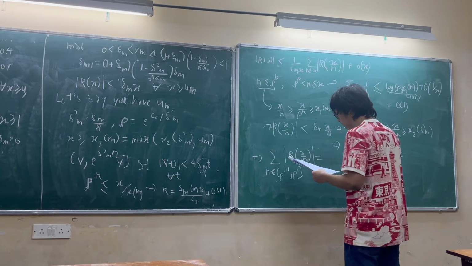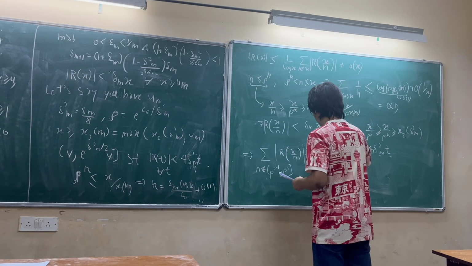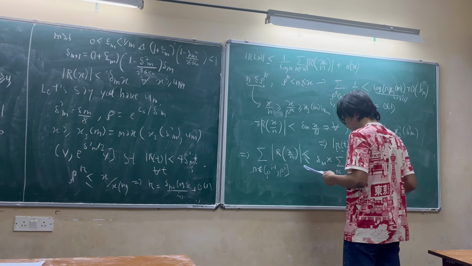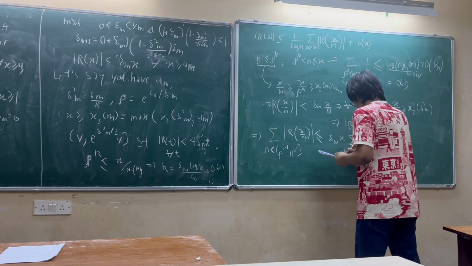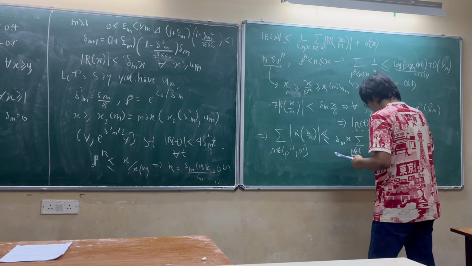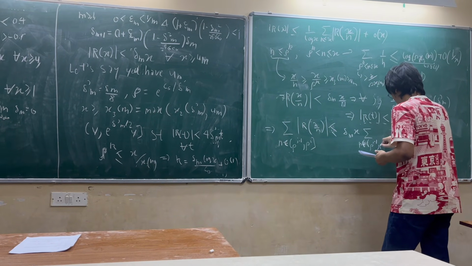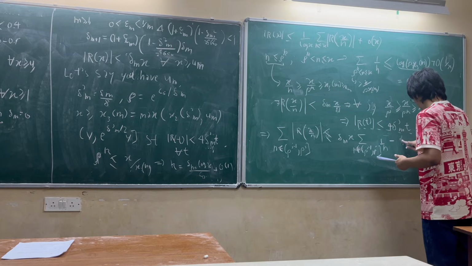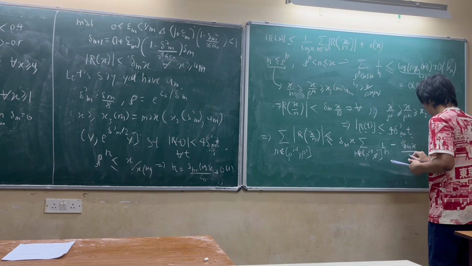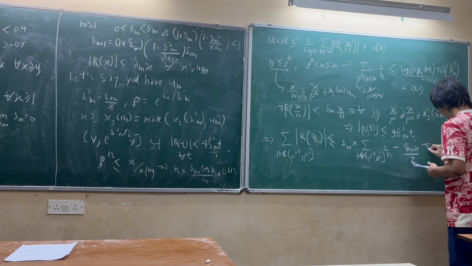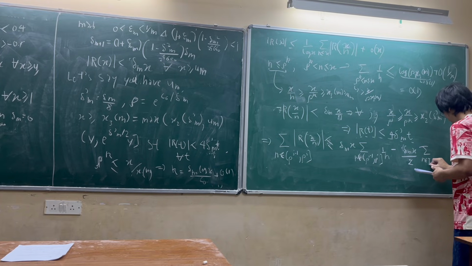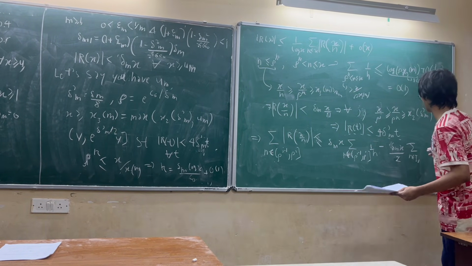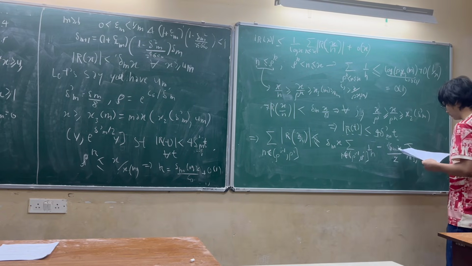So now when you have this, you can split it into two subintervals to get to the conclusion that this is in fact less than or equal to delta m x times the summation of n belonging to rho to the power j minus 1 to rho to the power j, 1 by n, minus delta m x by 2 times the summation of n belonging to ij, where ij is the subinterval in rho to the power j minus 1 to rho to the power j, such that this inequality holds true. I'm just denoting that subinterval here.